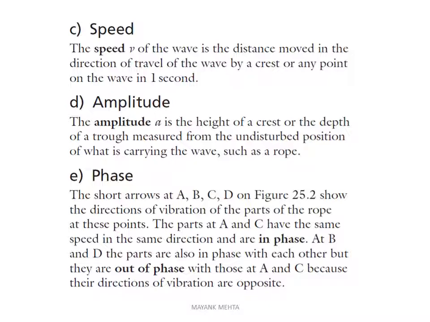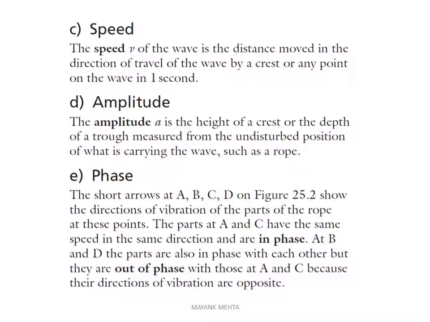So that is known as time period, and that is described by capital T. Now what is speed? The speed of the wave is the distance moved in the direction of travel of the wave by a crest or any point on the wave in 1 second, that is speed. So actually speed has nothing changed in its definition, it is just distance upon time.